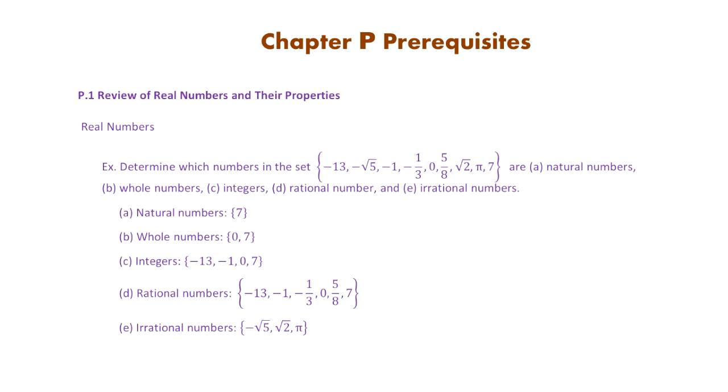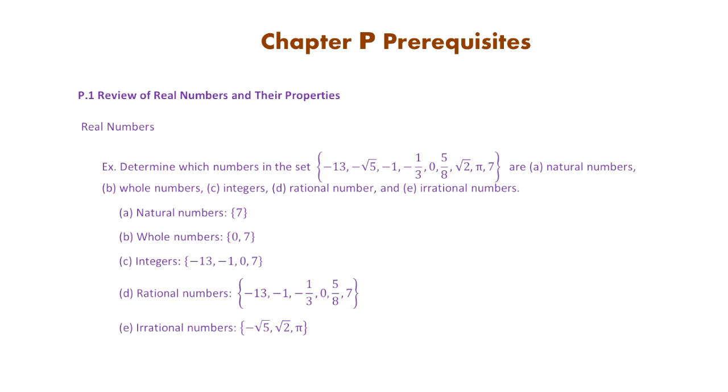And the next thing is called rational numbers. Obviously we just add more numbers in. So for rational numbers, we know fractions are rational numbers. So we got the 2 fractions to add in, negative 1/3 and 5/8. So all of these are rational numbers.